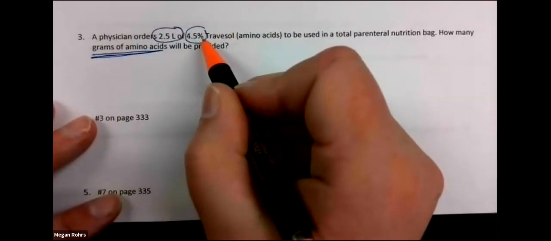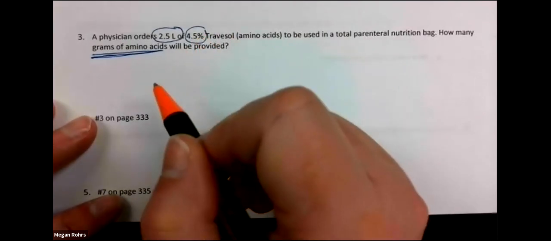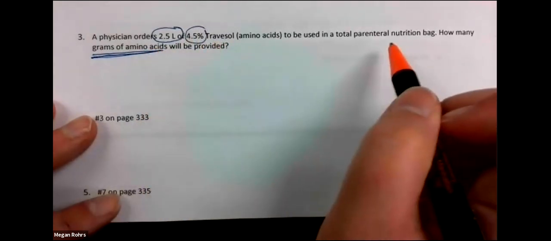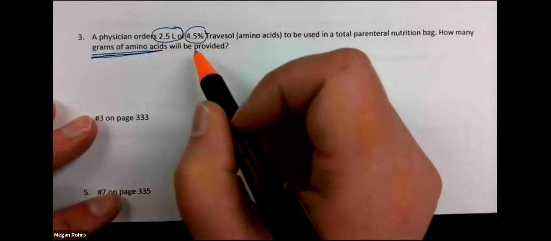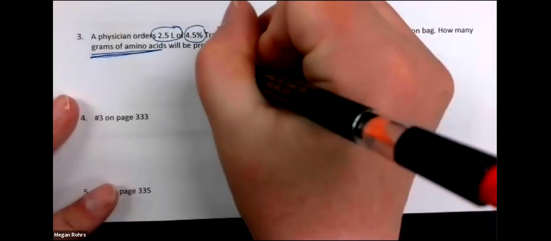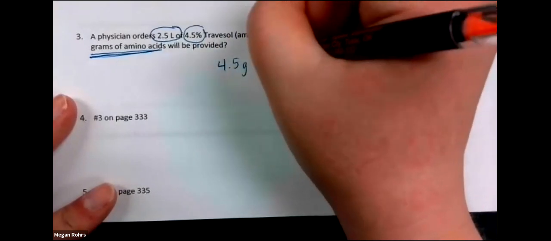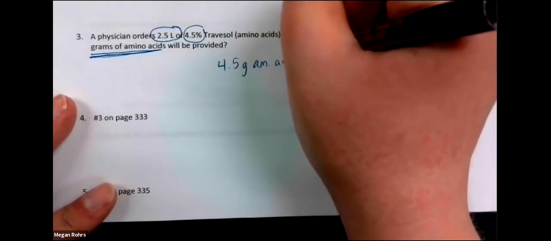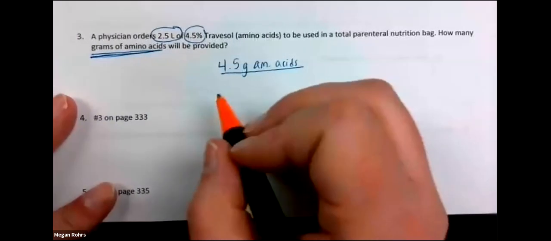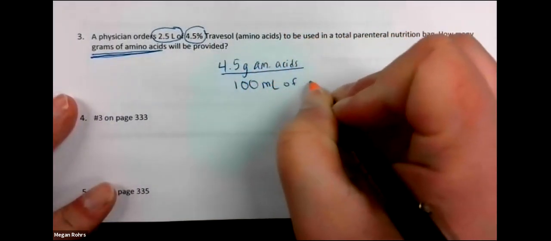So anytime you have your percentage strength, start with that. Let's turn that into a fraction. Once again, if it does not specify the type of drug, we're going to assume weight per volume. So here we would have 4.5 grams of amino acids in every 100 milliliters of solution.